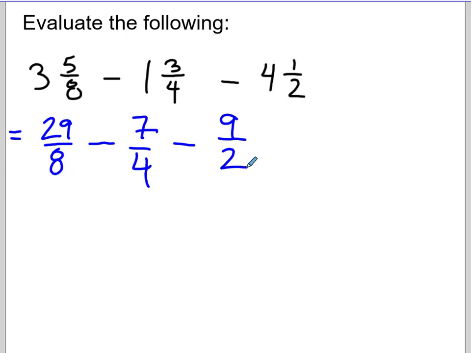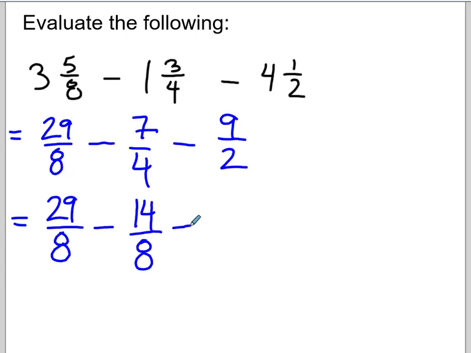Now I need to get a common denominator, so I'm going to make everything have an 8 on the bottom. Okay, so this becomes 14 eighths, and this becomes, going to multiply top and bottom by 4, so 36 eighths. Okay, and then there are times where I might bust out a calculator just for speed. This might be one of them.